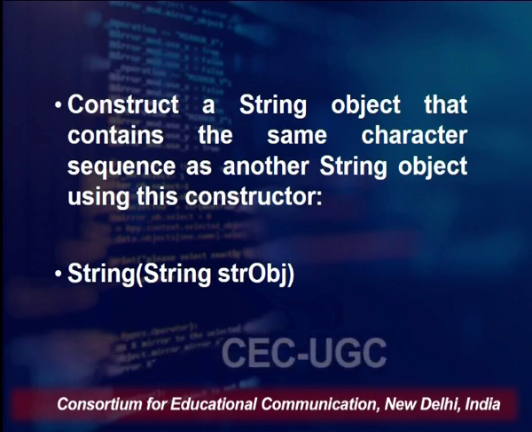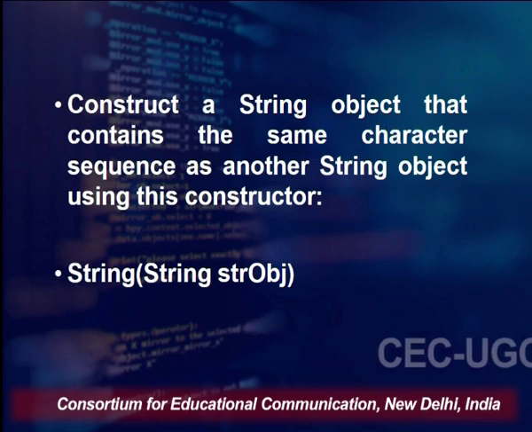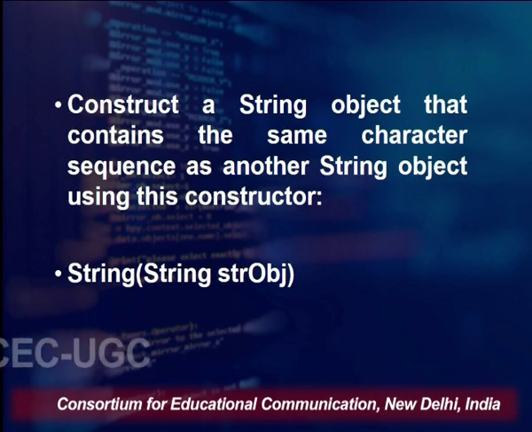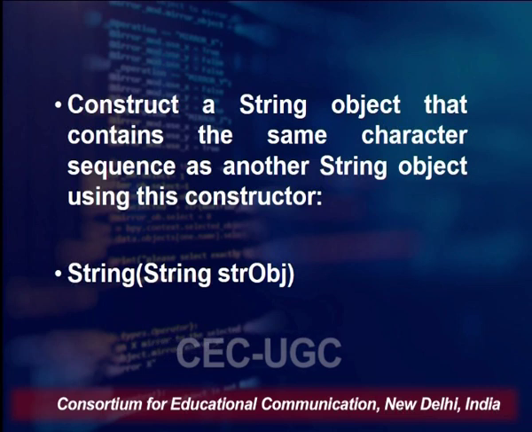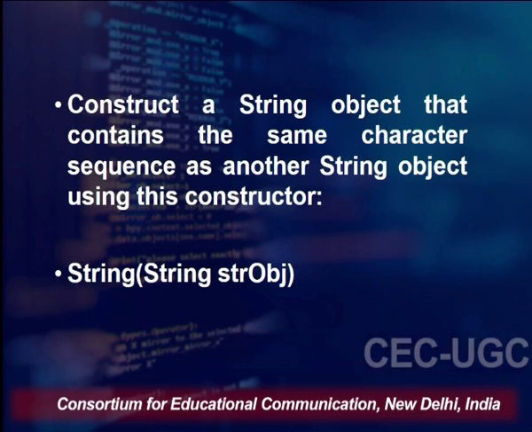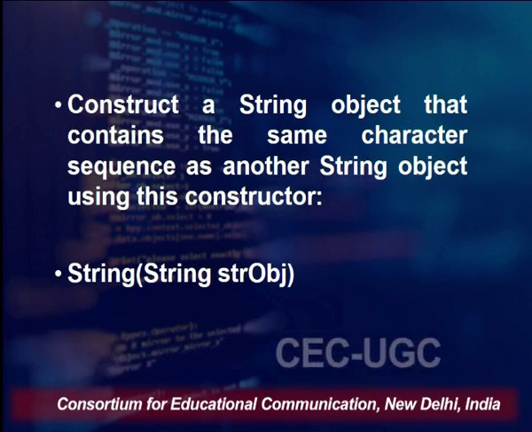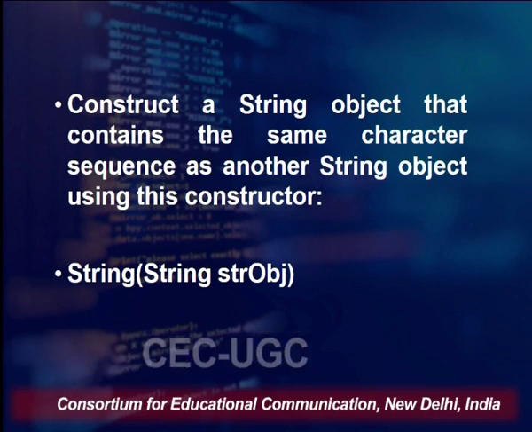The general format is String, and within this constructor we pass an object of type string. So, whatever contents strObj has will be assigned to the new string which we are going to create.